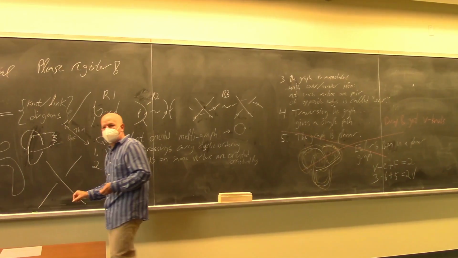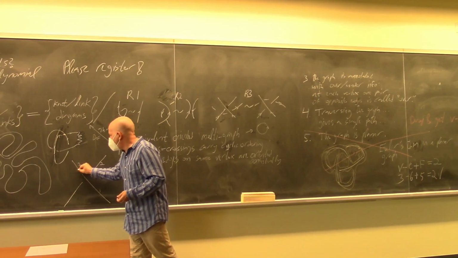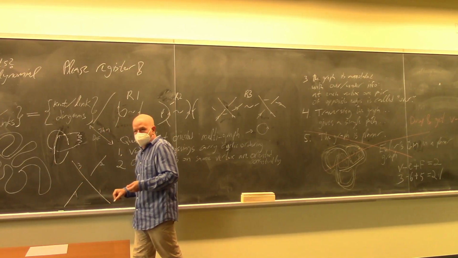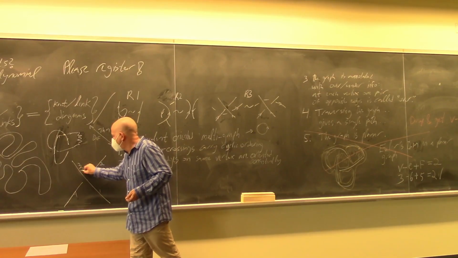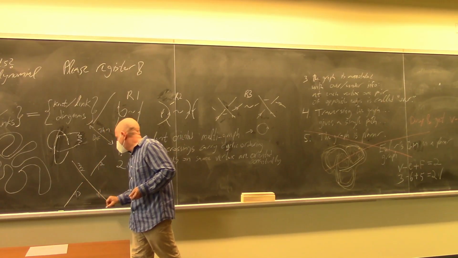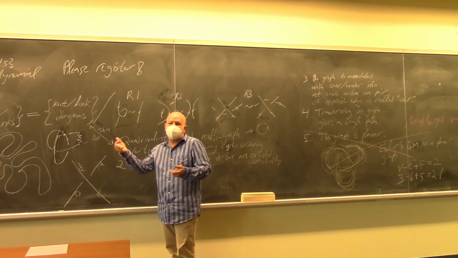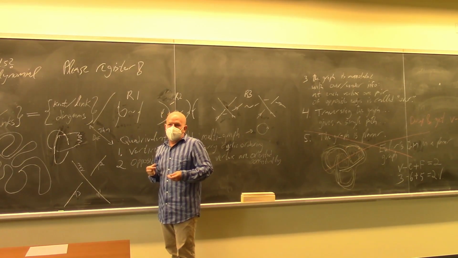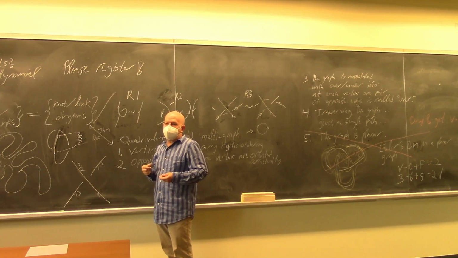So if you have a vertex, the ordering is 1, 2, 3, 4. But this order is equivalent to the order 1, 2, 3, 4 rotated, so it's a cyclic order. It's not a genuine linear order. This is just like an orientation of where the edges are relative to each other.